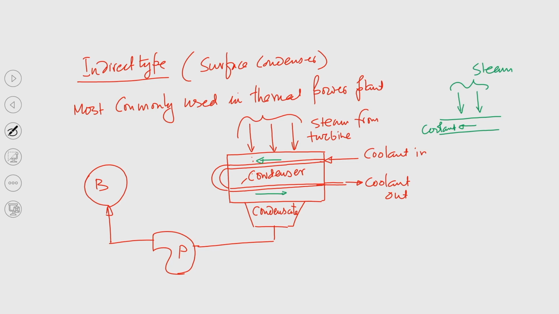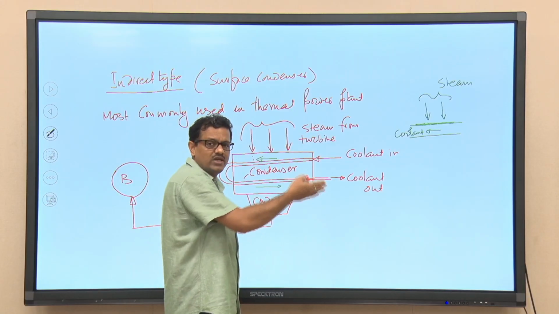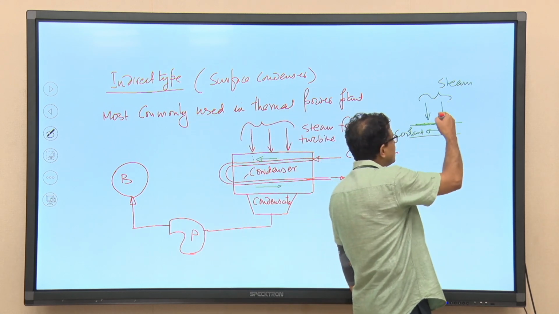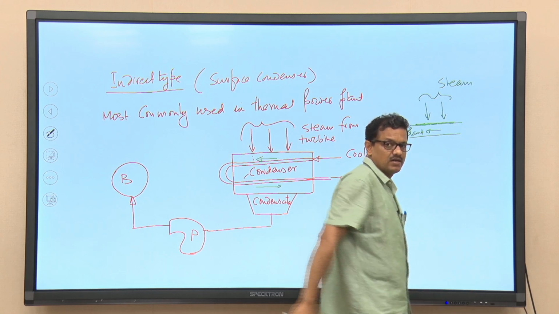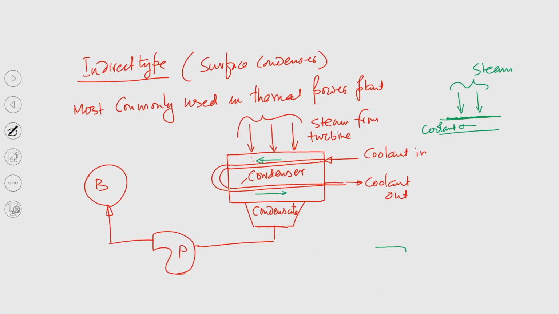You can see that steam will condense and form a small drop. As I told you, air leakage is quite expected, so air will leak from the surroundings into the condenser. That air will create a film, and that film will disturb the transport of heat. Try to understand.